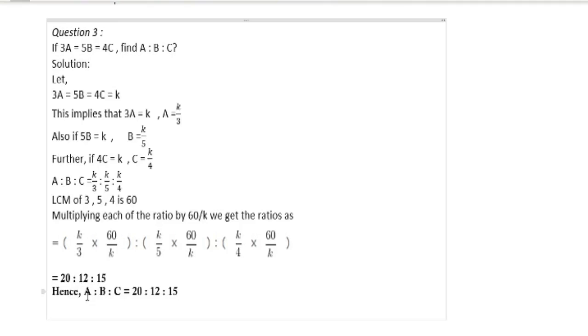So this is the ratio between a, b and c. We can write a is to b is to c equal to 20 is to 12 is to 15. This is the ratio between these three numbers a, b and c.